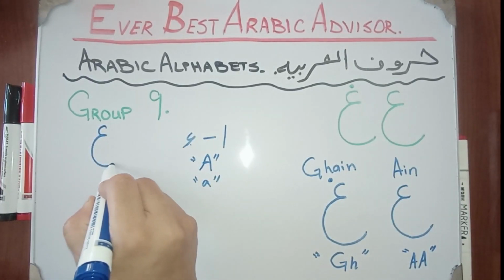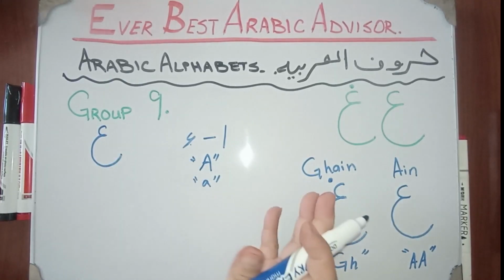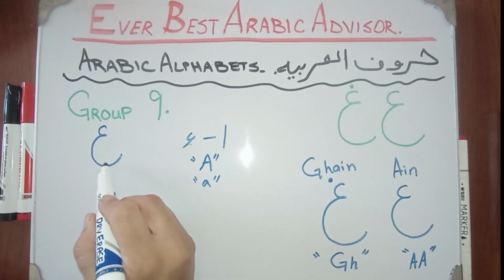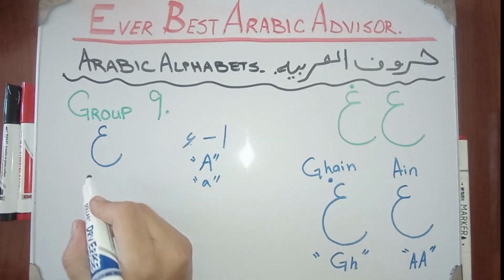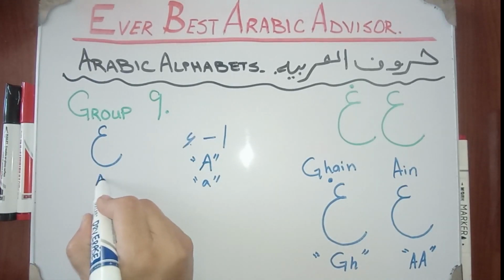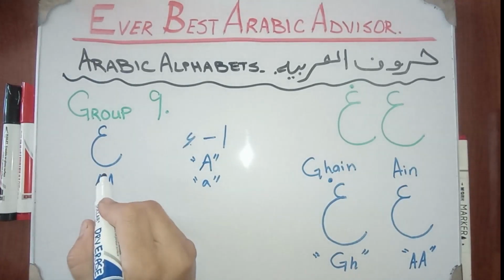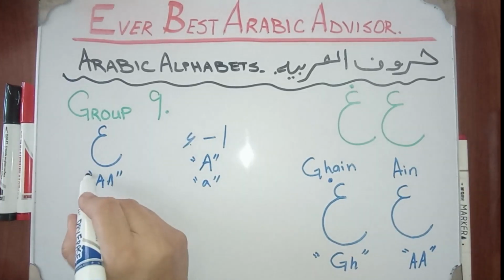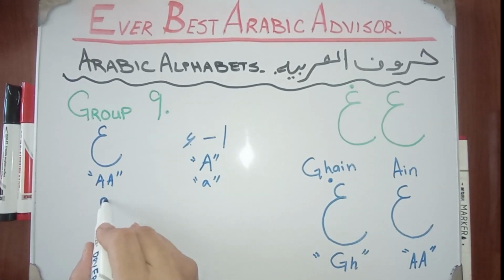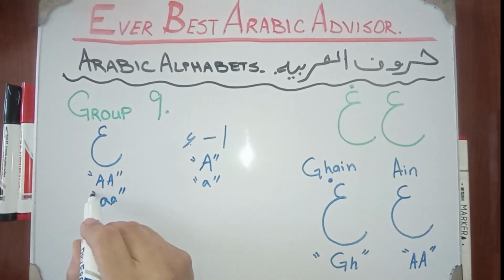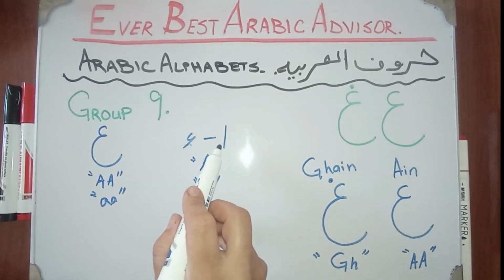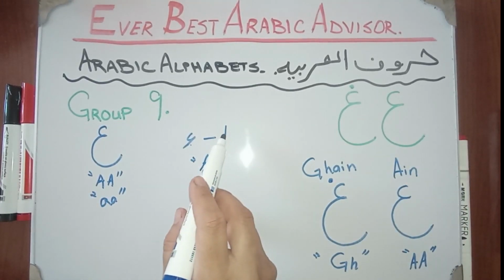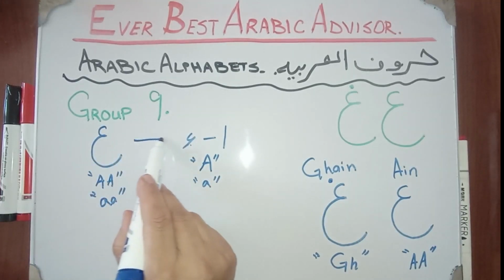Beginners hardly distinguish between them because they are very similar. Ain also has an equivalent in English, just like A, but it is like a double A sound. Oil. And the phonics is also just like a double A. This is the difference between Hamza, Alif, and Ain.